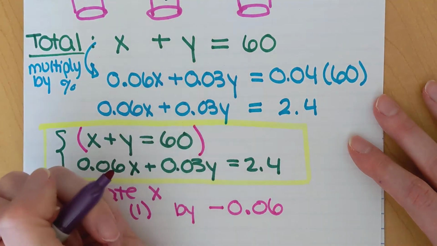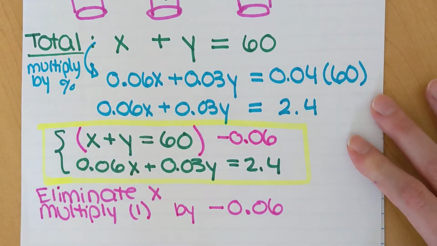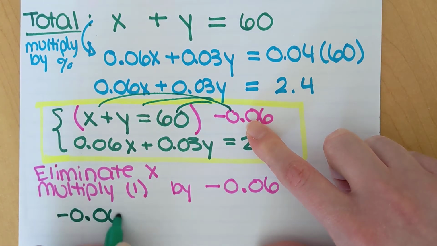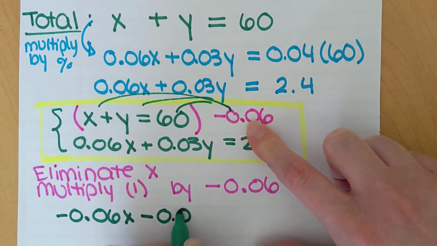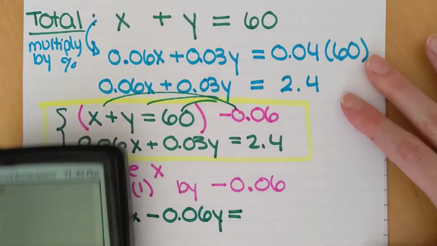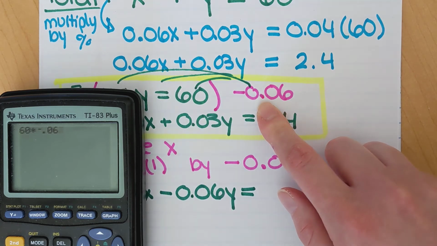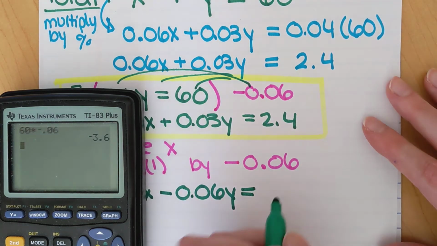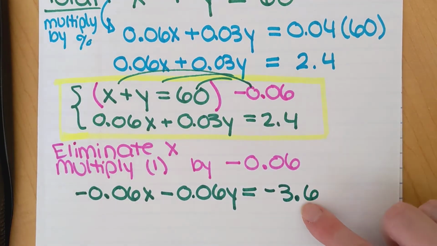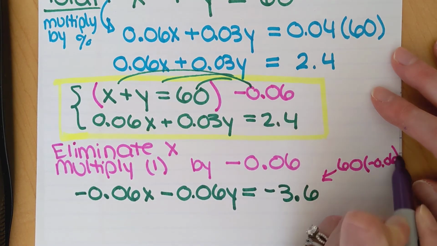So I take all of equation 1 and multiply it by negative 0.06, so that when I distribute it to all three components, it will be negative 0.06x minus 0.06y equals, and then I multiply 60 times negative 0.06, which gives me negative 3.6. Again, this negative 3.6 is coming from taking 60 times negative 0.06.